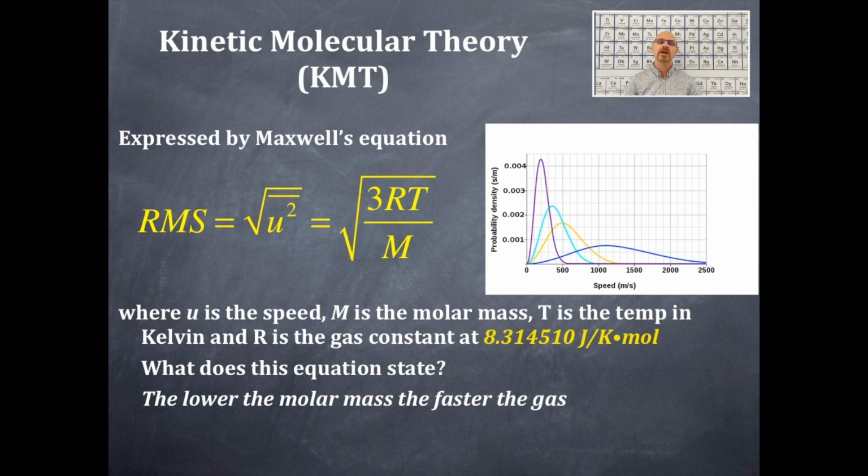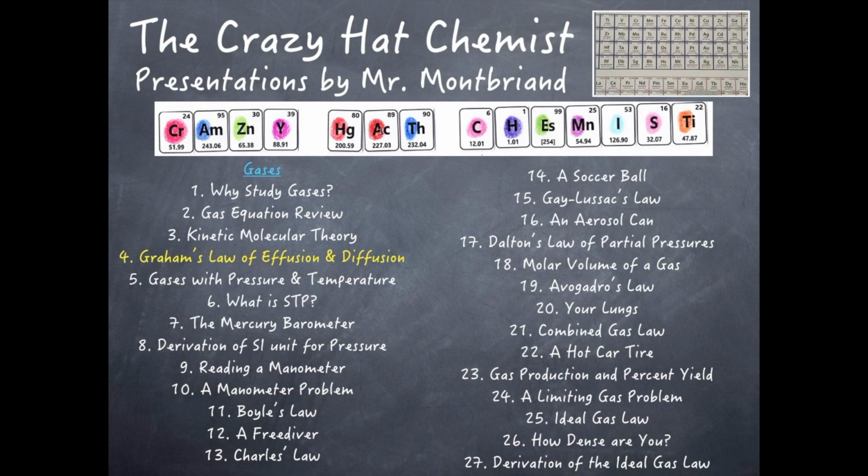So if I were to compare hydrogen gas to carbon dioxide gas at the same temperature, okay, carbon dioxide gas, since it is much heavier, more dense, will move much slower. That's what that equation will give us. All right? Hopefully that makes sense for you.